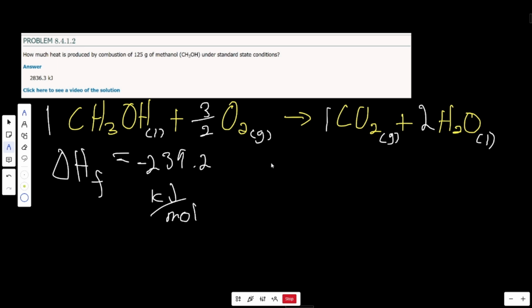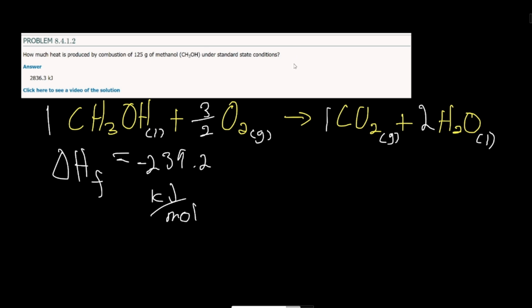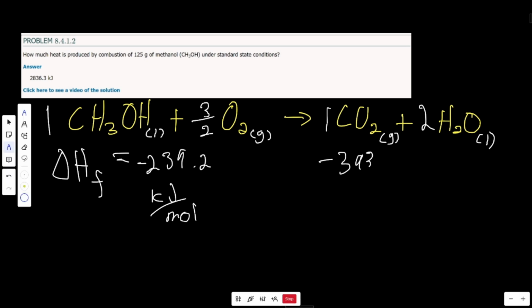Oxygen gas is in standard state, so this is 0. Carbon dioxide is negative 393.5 kilojoules per mole. And liquid water is negative 285.8 kilojoules per mole.